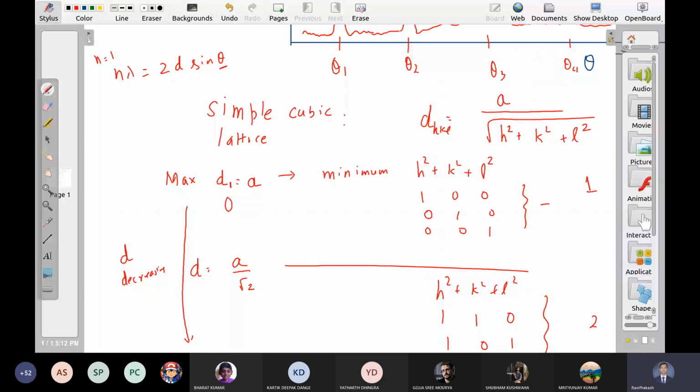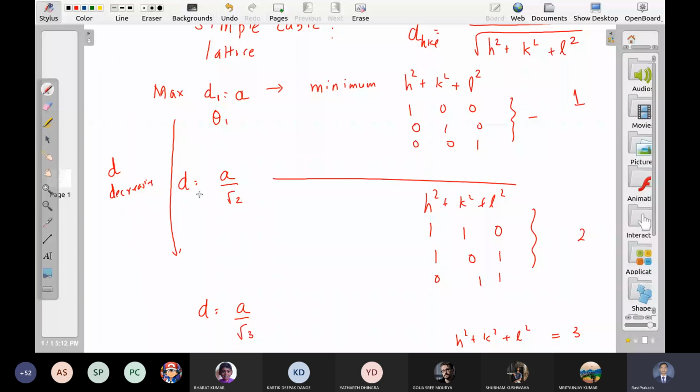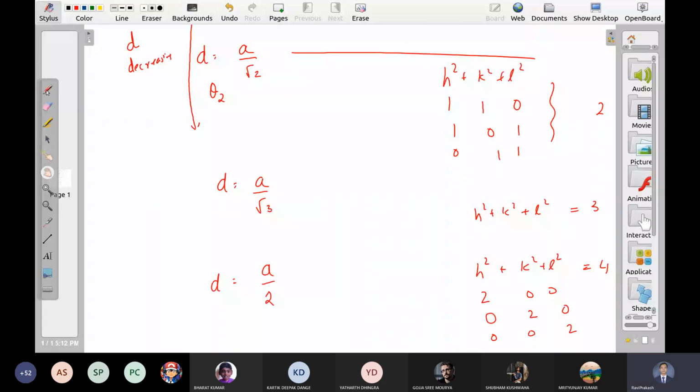If I put d is equal to A by root 2, I will get those angles which will reflect from the 110, 101 or 011 plane. Let me call those angles theta2. The angles which show light reflected from the 111 plane are theta3 and theta4 and so on. So I have a collection of thetas for simple cubic, right?